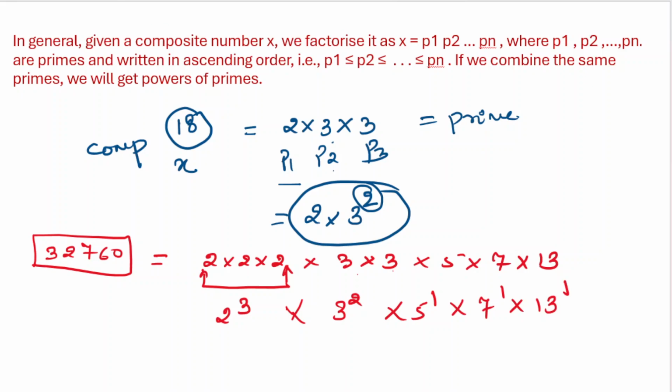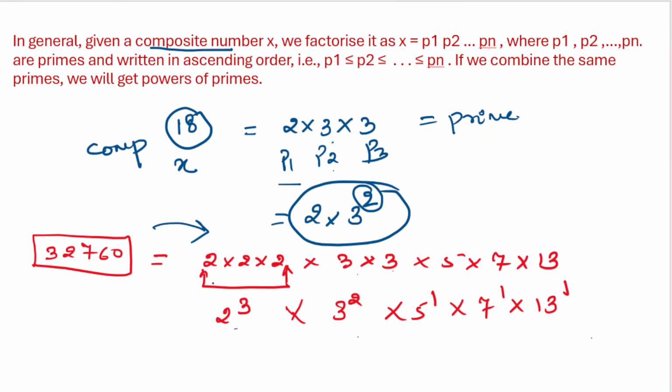So this is what this statement is saying. This statement is of your fundamental theorem of arithmetic, which says that when we factorize a composite number in ascending order and combine the same primes, we get the powers of the prime numbers.